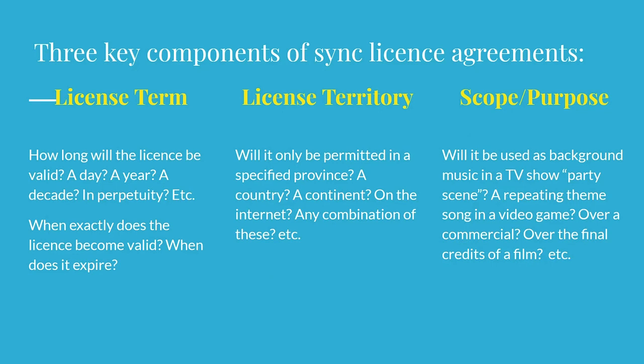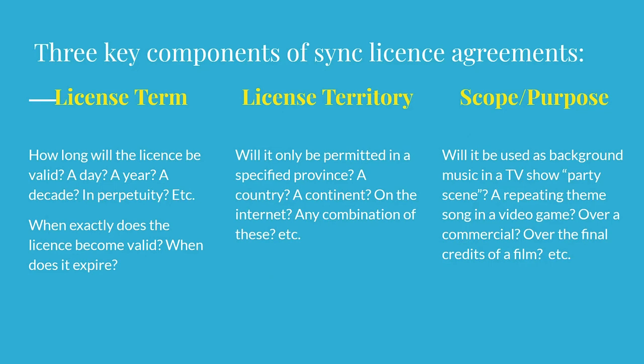So you want to make sure that where this license will be valid is specific, especially when it comes to the internet, because it's the internet. It's very difficult to put limiters on that. If that's a component of it, and there's a chance that it's just going to be spreading, which can be great or not so great, depending on your perspective, you want to make sure that's included and accounted for in a licensing agreement.